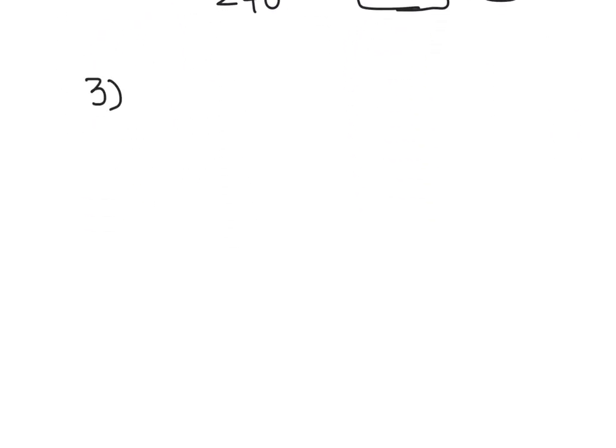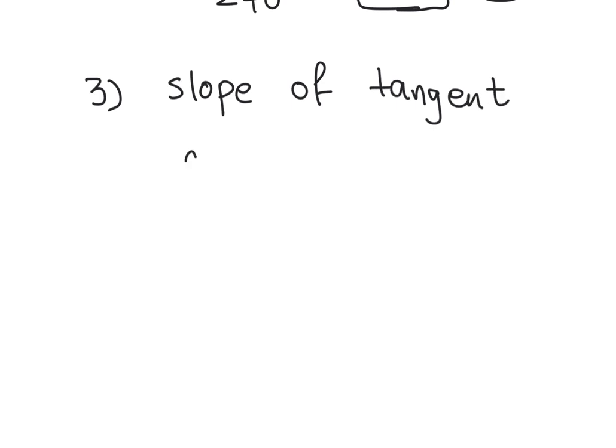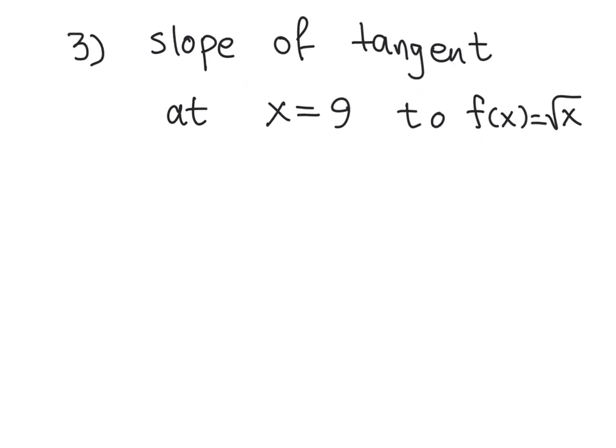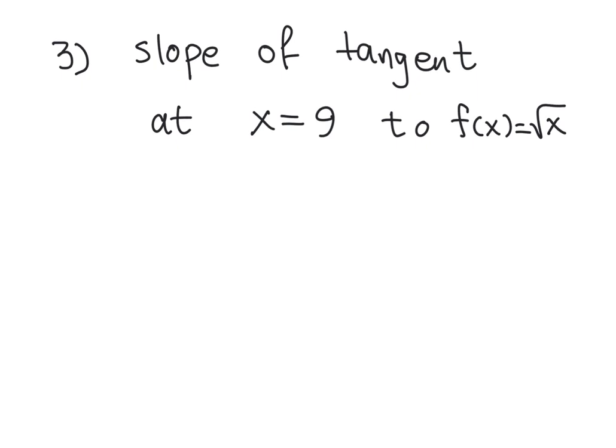Let's see the last example. Find a slope of tangent at x equals 9 to f of x equals root x. This is your function. You have a radical function.